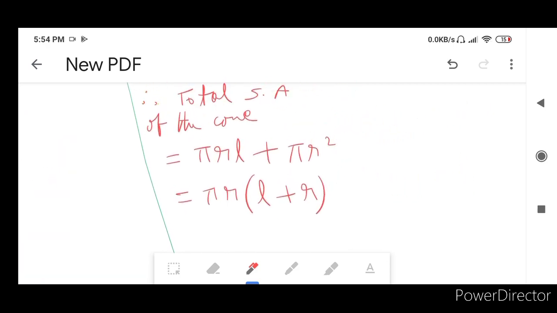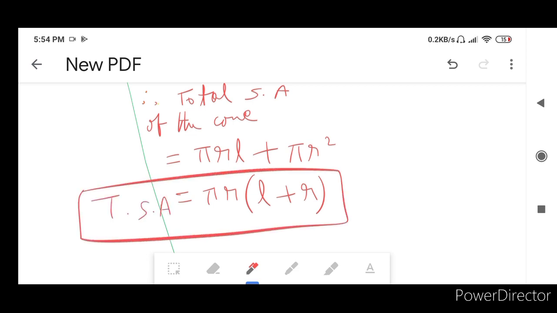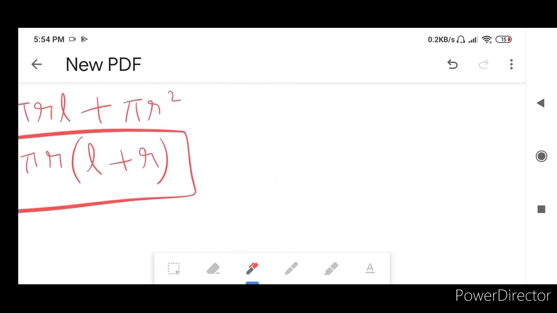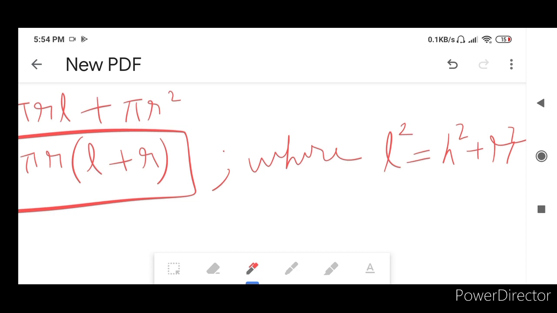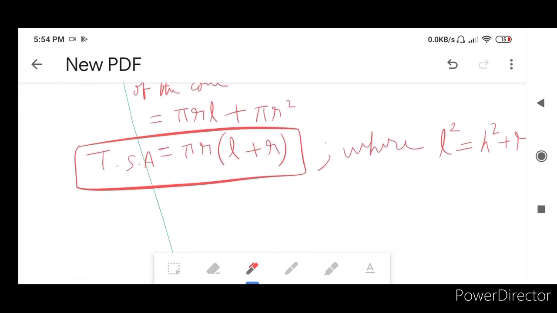The formula for the total surface area of the cone is pi r (l plus r), clear, where l square is equal to h square plus r square. Okay, this is how you are going to find the total surface area of the cone.